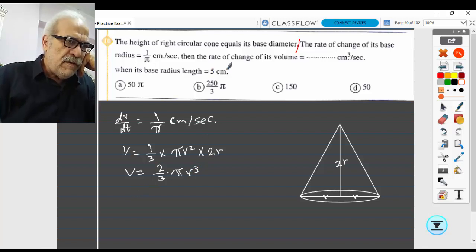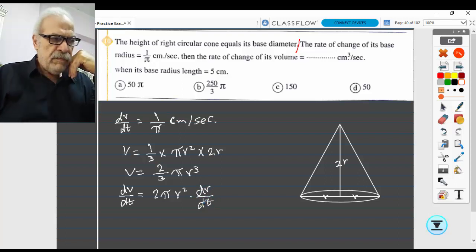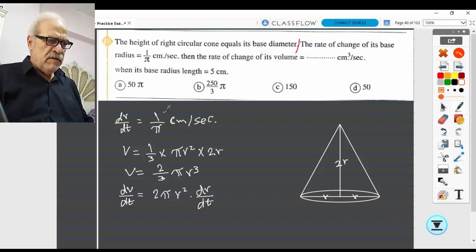And here we have the rate of change of its volume. It is required, so the required is to find dV/dt, which equals, here the variable is r, so we have 2 pi r square dot dr/dt. But dr/dt equals 1 over pi, it is given here. And its base radius equals 5.